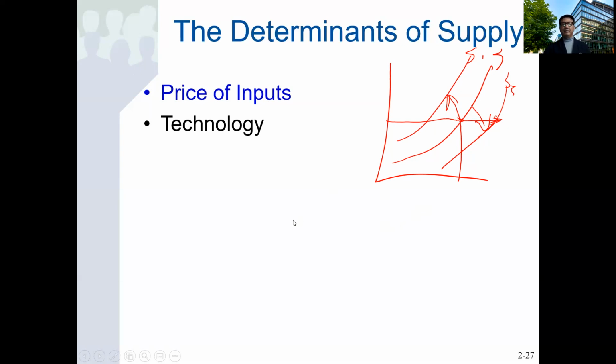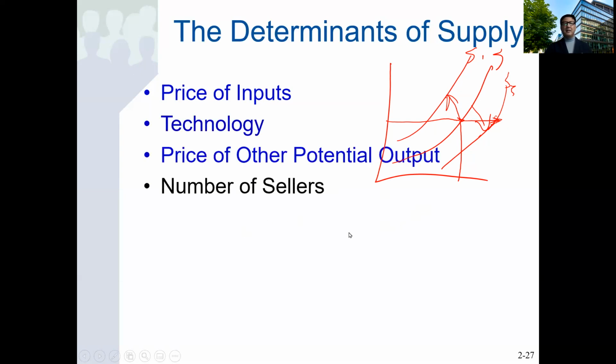All right, what other things? Price of other potential outputs, or the number of sellers. We'll talk about the price of other potential outputs later, but the number of sellers: let's say there are a lot more vendors who sell orange juice.